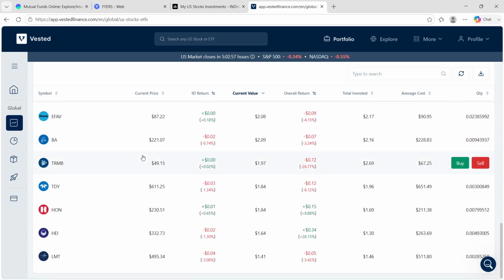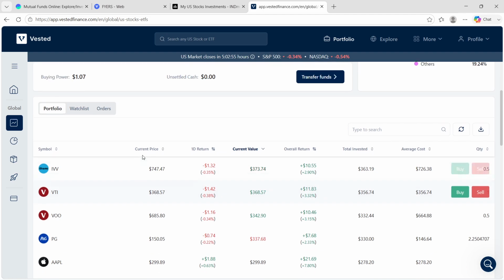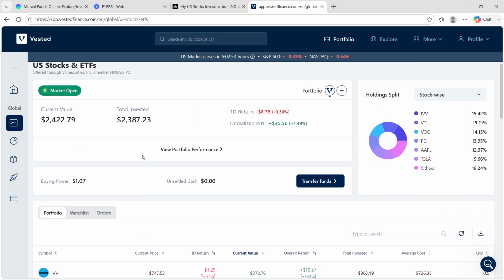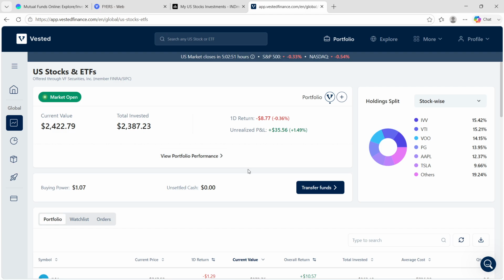These are all the investments in the Vested account. Most of my holdings are here, and you can see the percentage for each one.